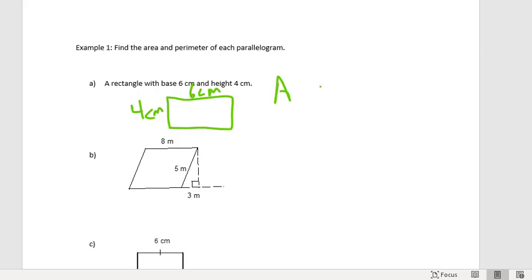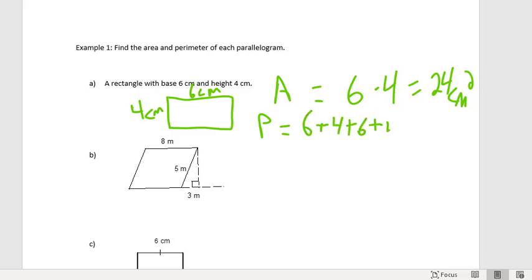The area is 6 times 4, so 24 cm squared. Don't forget your units. Centimeters squared. Perimeter, 6 plus 4 plus 6 plus 4. Add all 4 sides. So the perimeter is 20 centimeters.